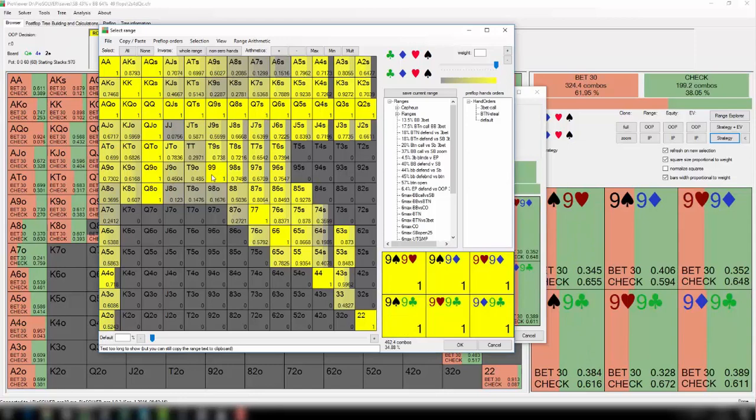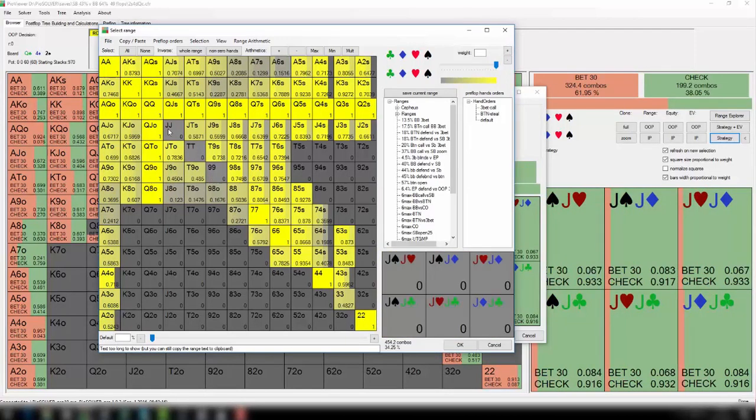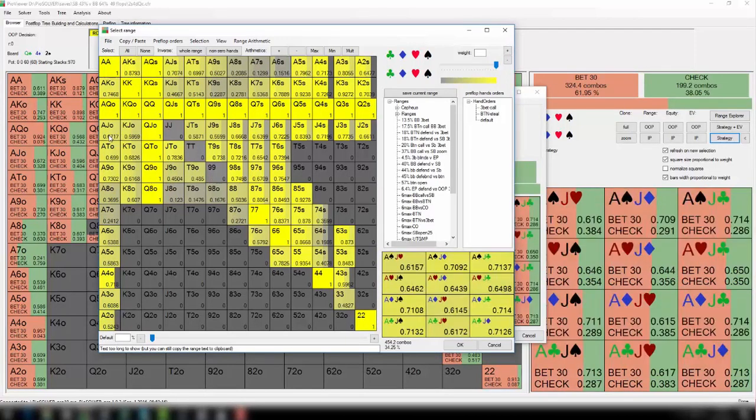And let's take these pairs down to 0. And take ace jack down to 0. I suppose these can be classed as a value bet. It's going to get called by weaker unpaired hands. We're trying to polarize him.